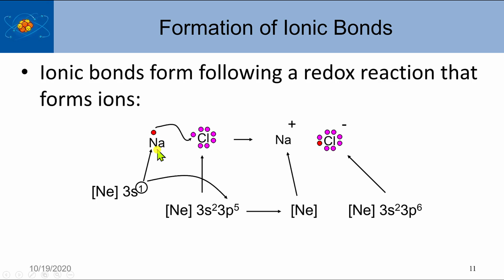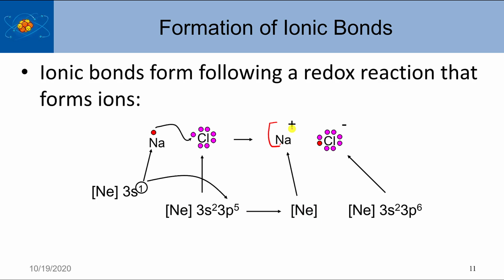But sodium atoms are neon core and then 3s1, and they donate an electron to chlorine to form neon, and chlorine is basically neon plus 3s2 3p5, so you're going to add an electron to it, and this is what the electron configurations become. So chlorine becomes like argon in terms of its electron configuration, and sodium becomes like neon.